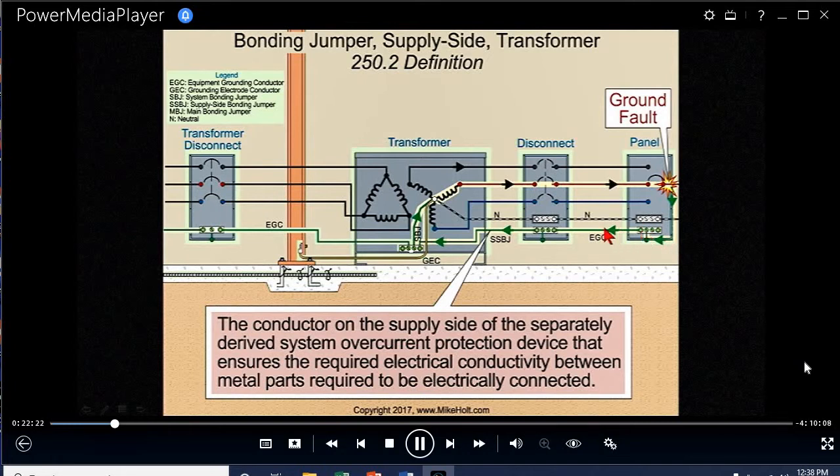Now we have an equipment grounding conductor, and now we bond that enclosure in case there was a fault in that enclosure. Then we bring a supply side, and we need to bring this out in this graphic here. This is what we're talking about. This is the supply side bonding jumper, and the fault current goes back. So this is the supply side. That's the only way the current can get back over to that source. There's no overcurrent protection on these conductors here.